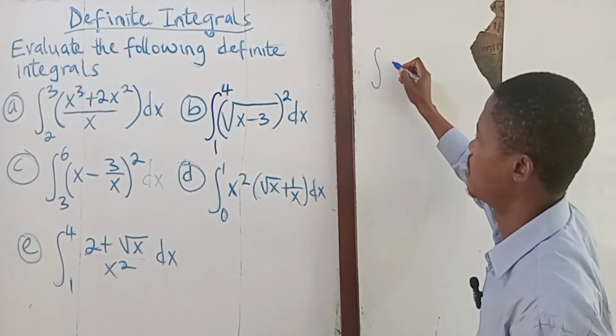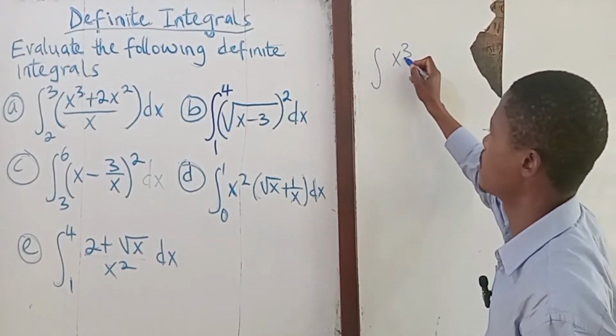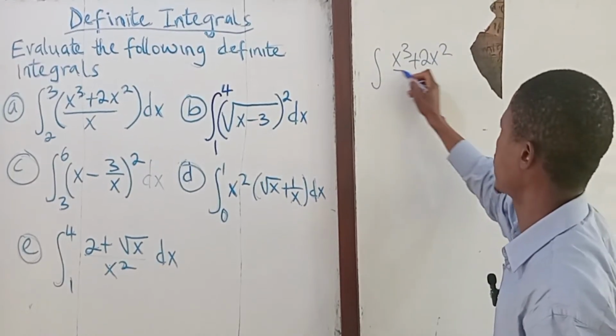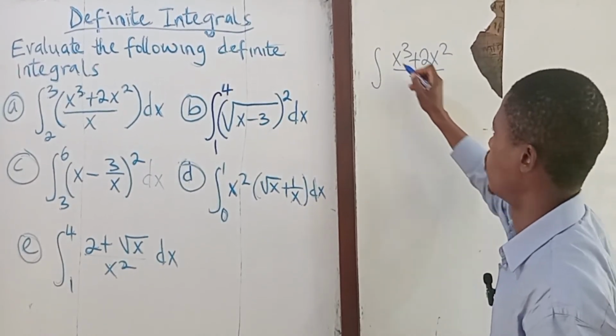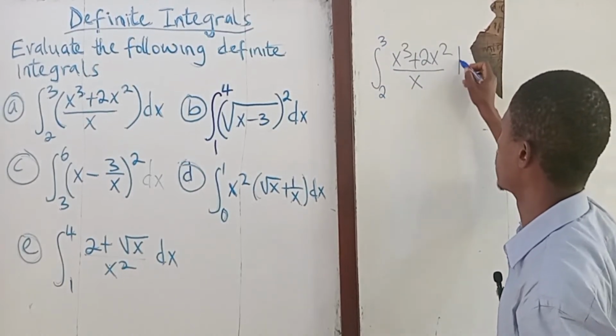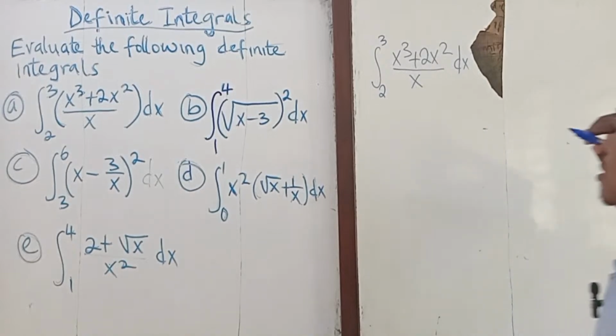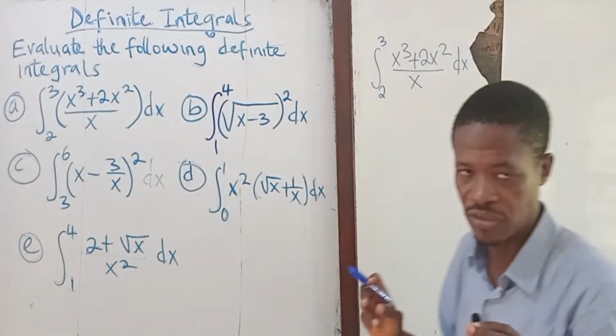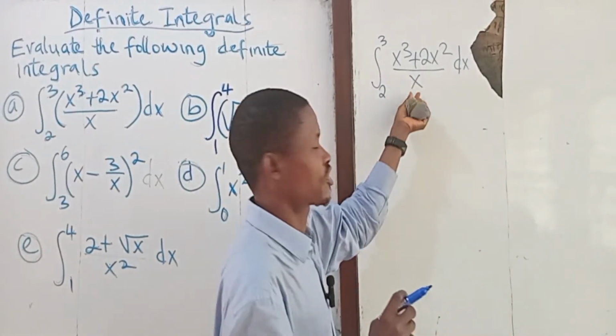Integral of x to the power 3 plus 2x squared over x. The upper limit is 3, the lower limit is 2, dx. The first thing we need to do is the algebra, because this is a fraction.